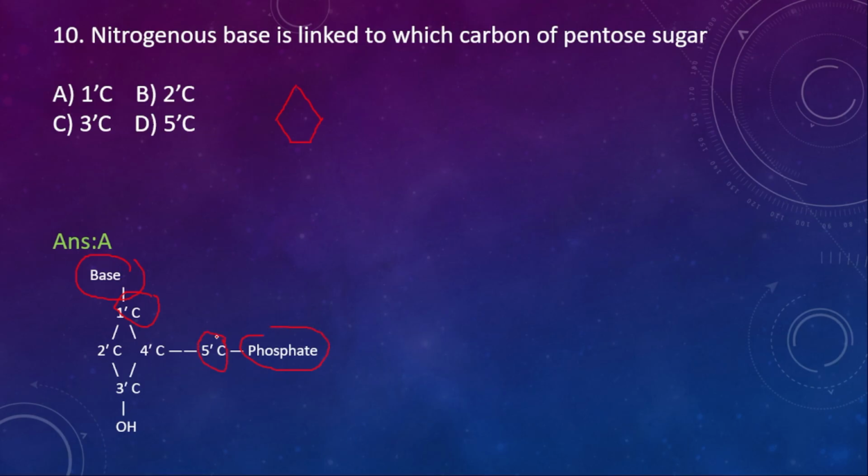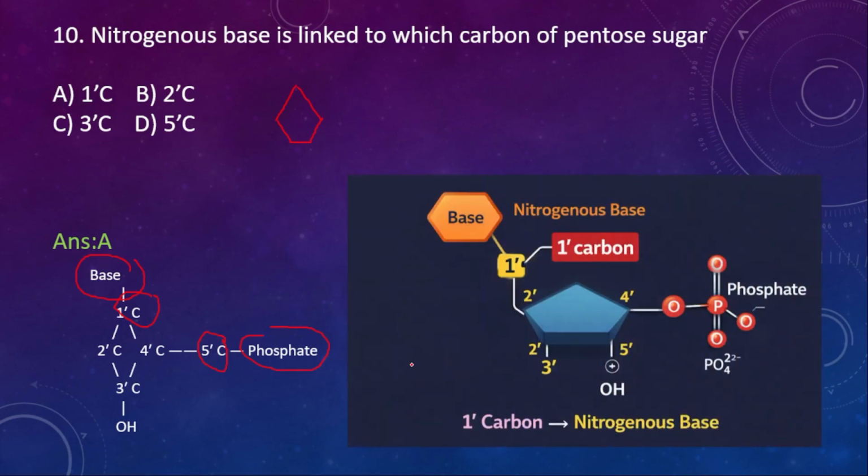In detail explanation, if you want, I will give you that also. This is the best diagram I can say. This is the pentose sugar, first carbon, second, third, fourth, and then fifth.